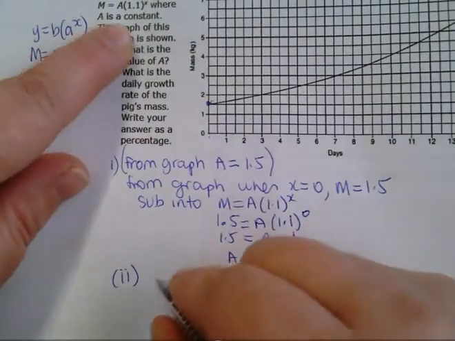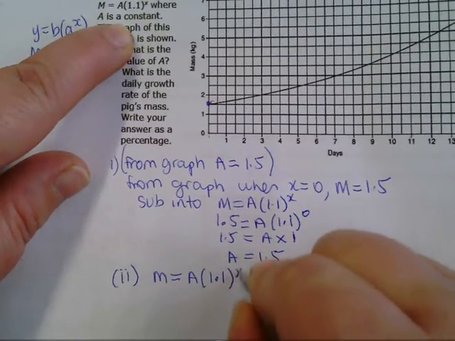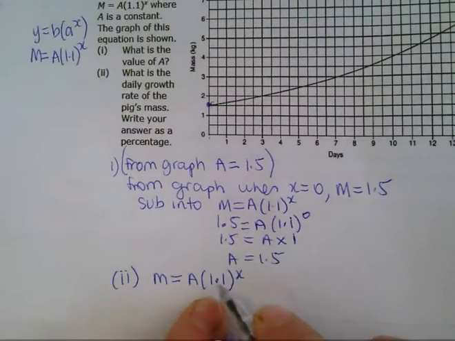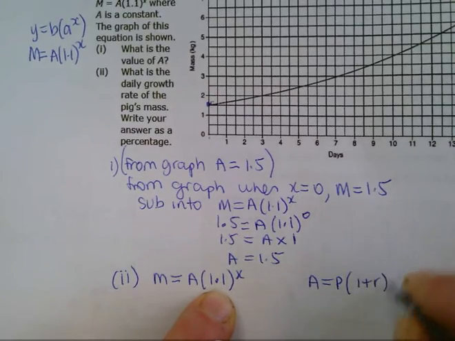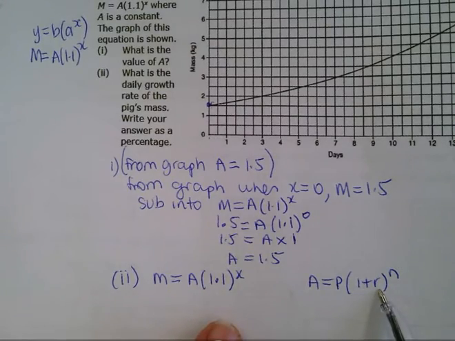This pretty much is the compound interest formula, all right? Where did this 1.1 come from? I'm going to write what the compound interest formula is. All right, you tell me what the R is, the rate of growth. It's 0.1.